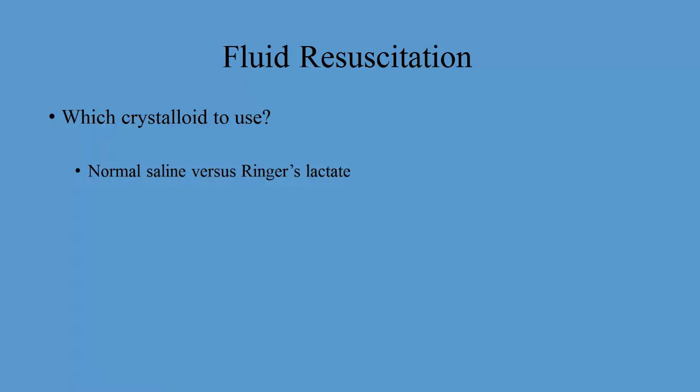Now, we're going to use crystalloid. Which one to use? Normal saline versus Ringer's lactate are the two basic choices. There's another balanced crystalloid similar to Ringer's lactate called Plasma-Lyte A, but it's a lot more expensive, and there's data showing there's no improvement in outcomes, so we generally kind of ignore that one.